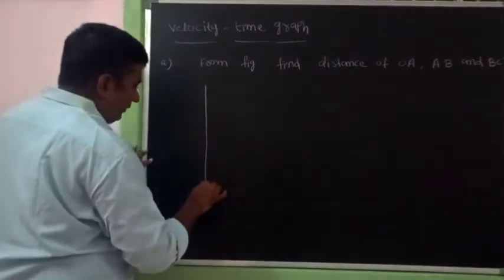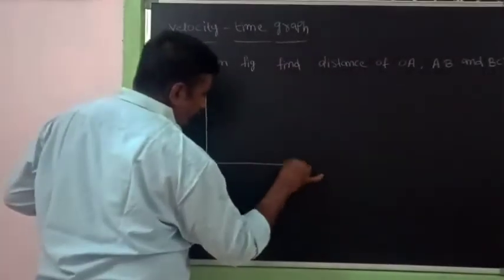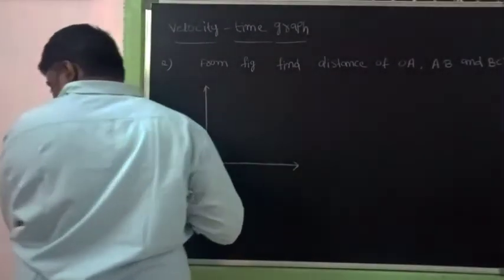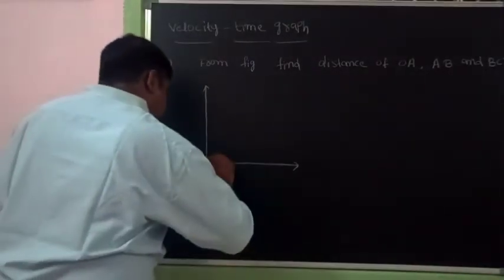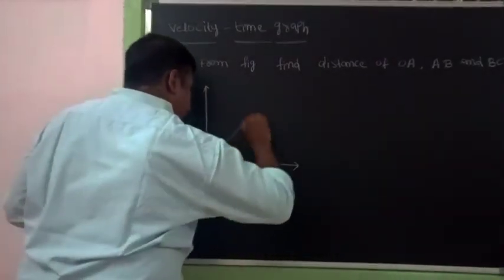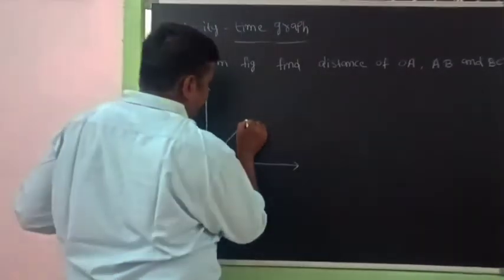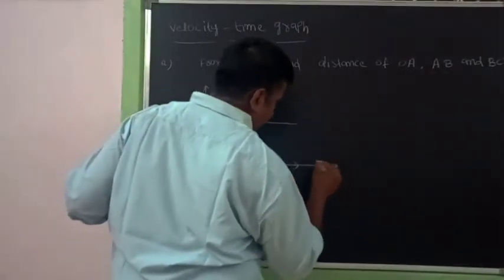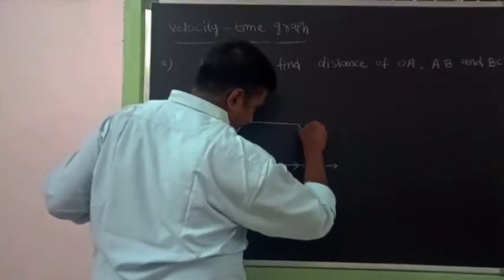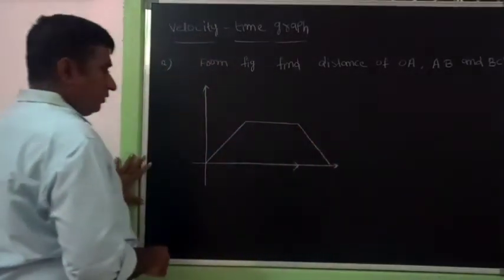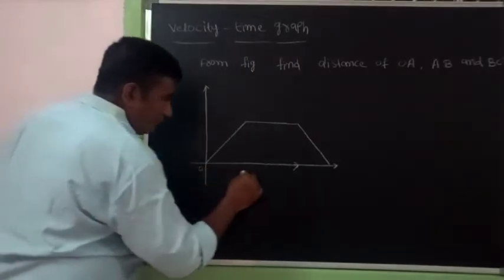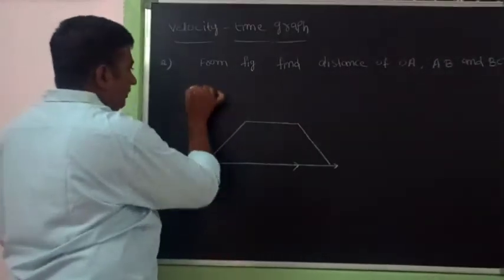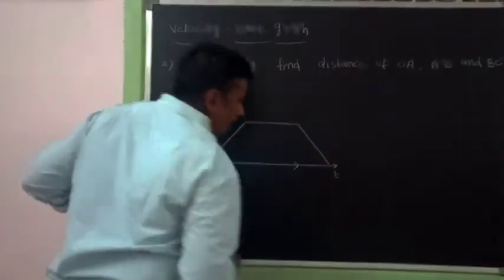So here they have given a velocity-time graph. Here it will be 0, here it will be the velocity and this will be the time axis.